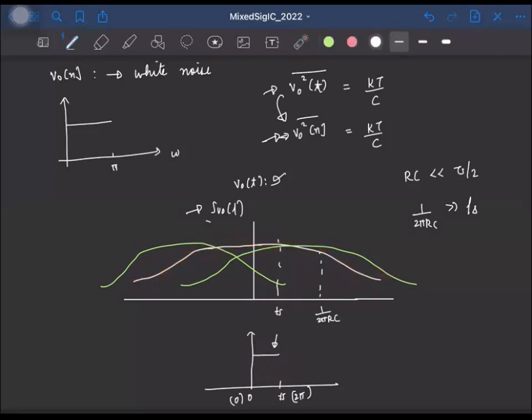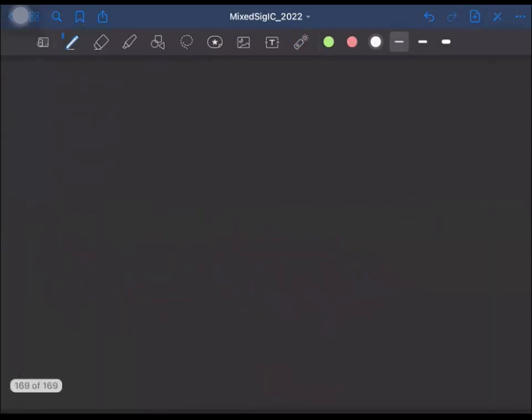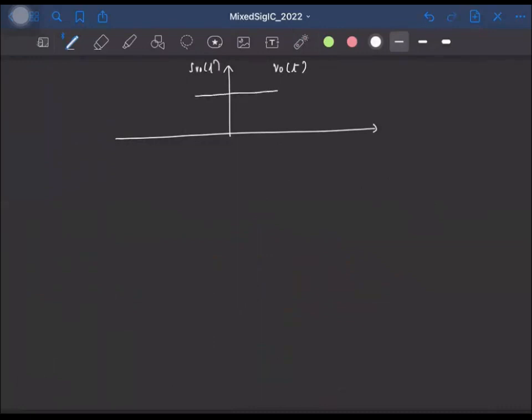Okay, so to add more clarity, let's look at a simplified example. So let us say this is the spectrum, the power spectral density of V naught of t. So this is V naught of f. And let's say it is simplified like this. So let's say this is fs, this is 2fs, and this is 3fs. This is minus fs, minus 2fs, and minus 3fs.